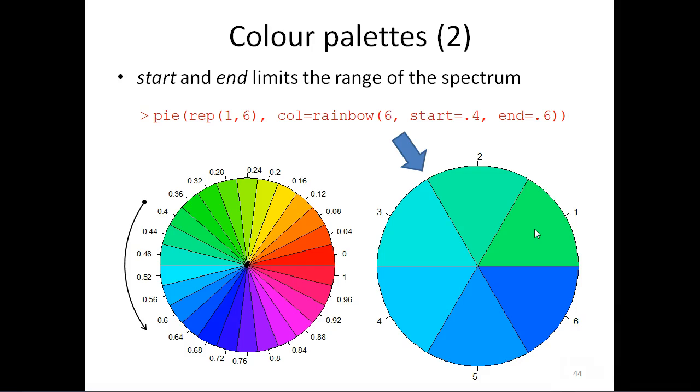But you can also provide a start and an end value for the rainbow spectrum, and these start and end values range from 0 to 1. In this case I use 0.4 to 0.6, which is a green color over to a blue color here, and the result is 6 colors ranging from green to blue.